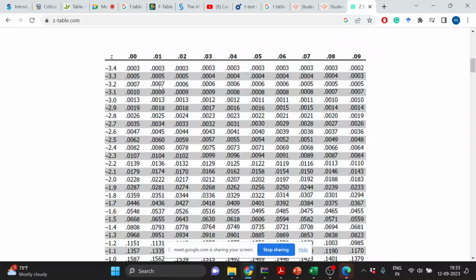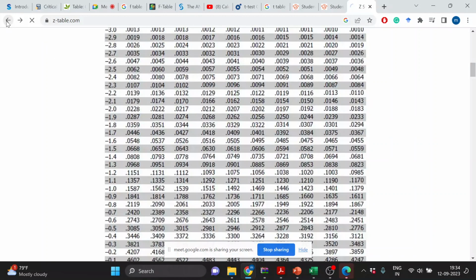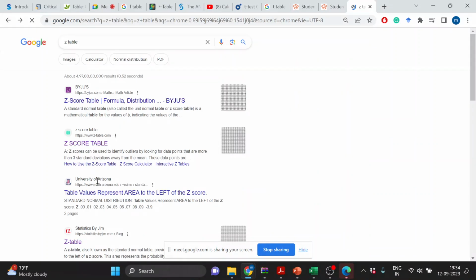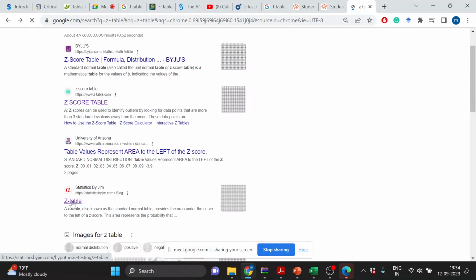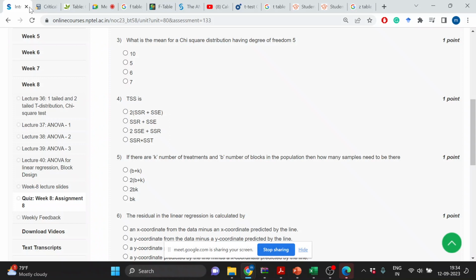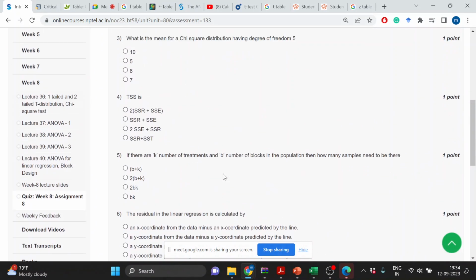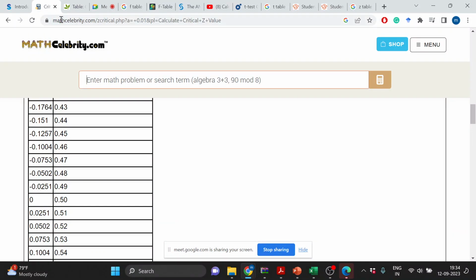This is a different table. I don't know why it's given. 0.01, for what degrees of freedom they haven't given. But yeah, I think the answer to that is not framed correctly. But it should be, you reject the null hypothesis.